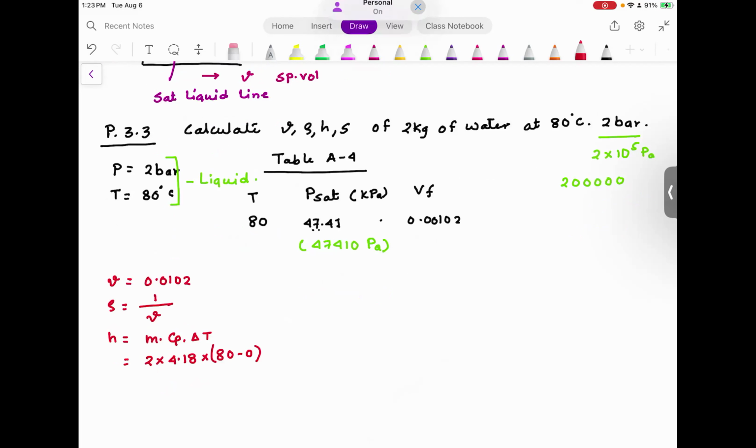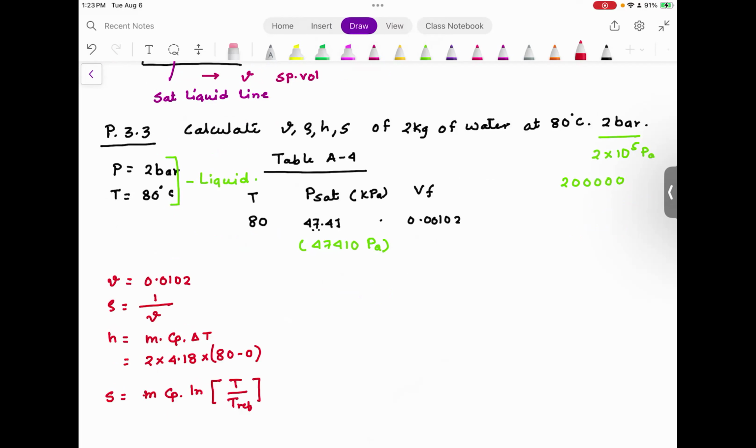And the entropy, this is the equation that we discussed in the last class, is m Cp ln of T divided by T reference.